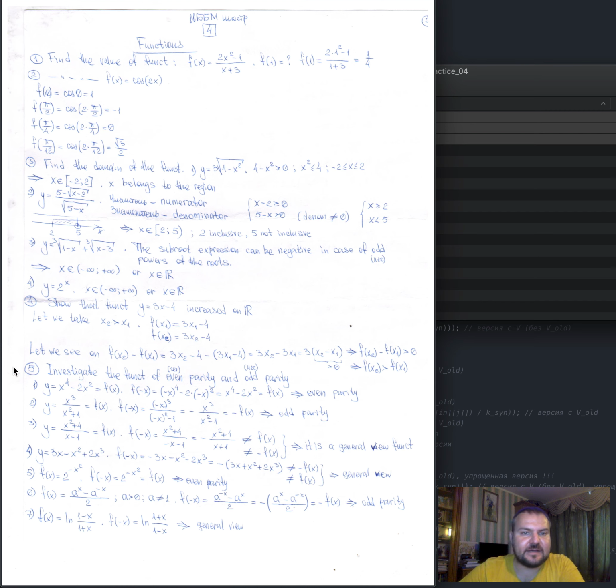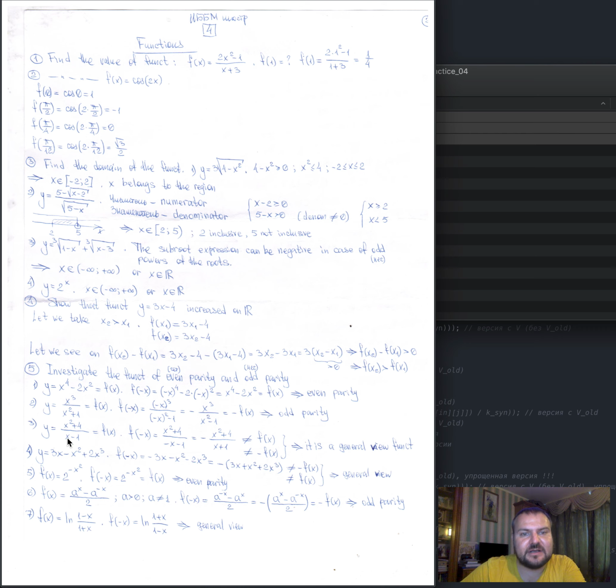Then another type of exercise: investigate the functions for even and odd parity. So you need to see what type of function we have. In the lecture you will find the even and odd definitions.